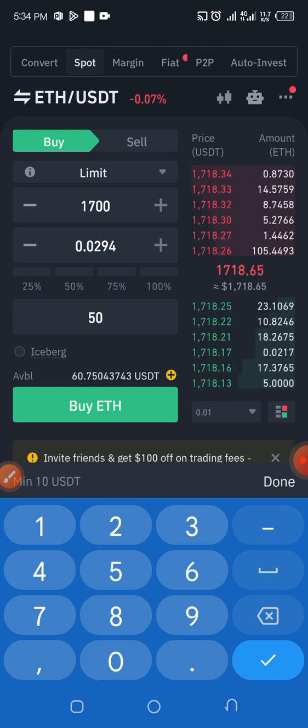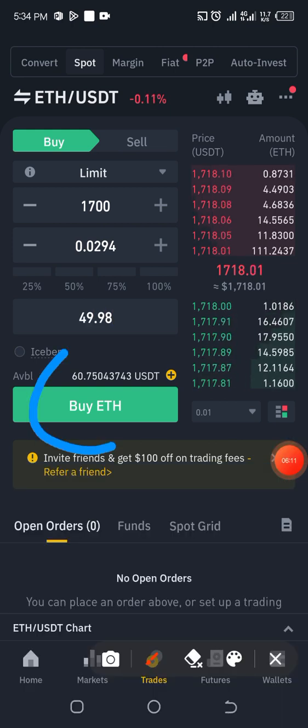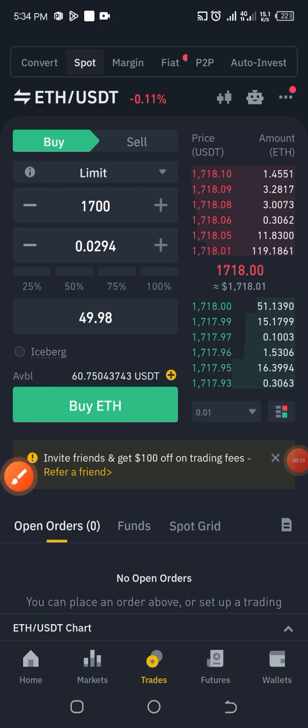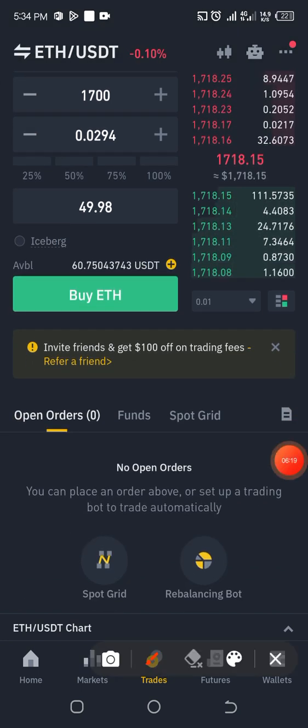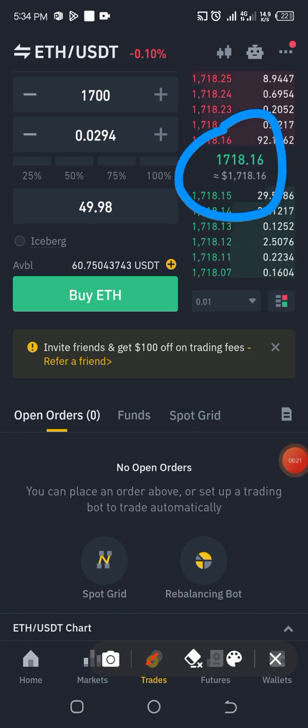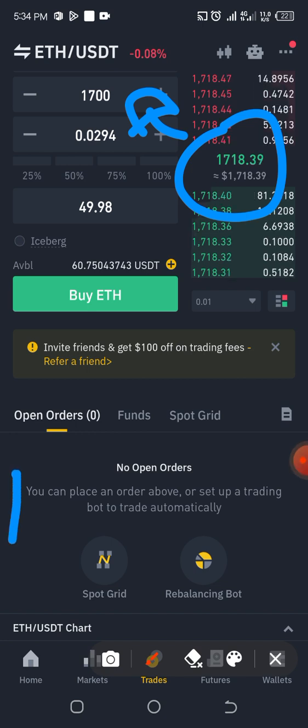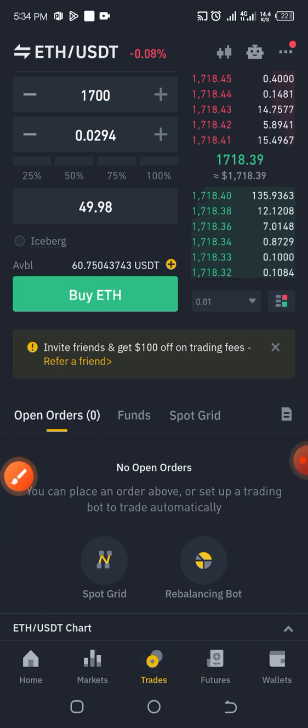So you click on buy. When you click on buy, it will set a limit order, and it will wait for the market price to come to 1700. You understand? That's when the trade will be taken.